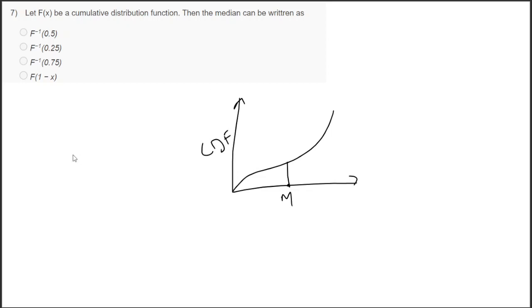So if you are finding F of some value, the median, the CDF will return the value, as capital F denotes the CDF function. So F of the median gives 0.5. So when you want to find the median value, you have to take the inverse. So it is F inverse of 0.5. So the correct answer is A.